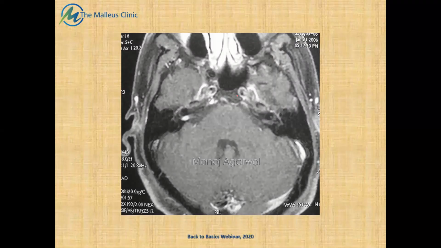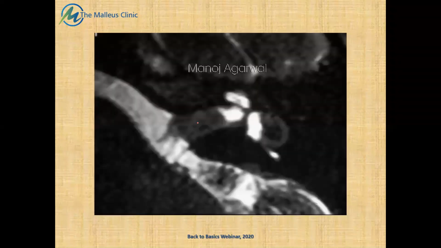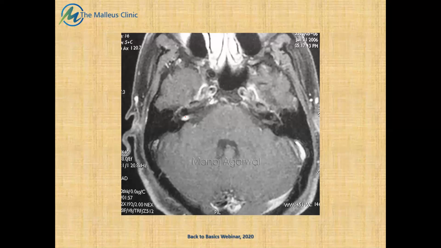This is a patient that I had seen way back in 2006, and a vestibular schwannoma as small as that was causing significant ataxia. Mind you, there was no rotatory vertigo. The patient was unstable while walking. There was a gait-related ataxia, and it was secondary to this small vestibular schwannoma in the right side internal auditory canal.